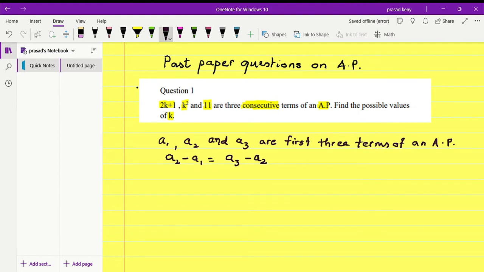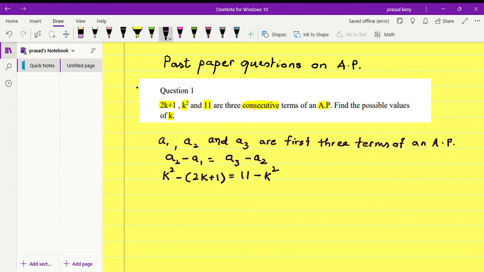Now here, the second term k square minus the first term 2k plus 1 is equal to the third term 11 minus the second term k square.